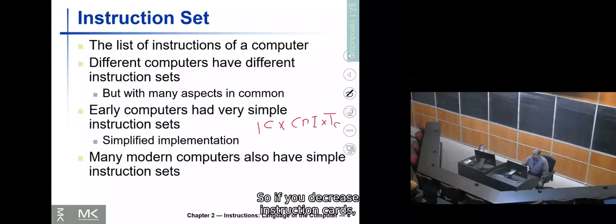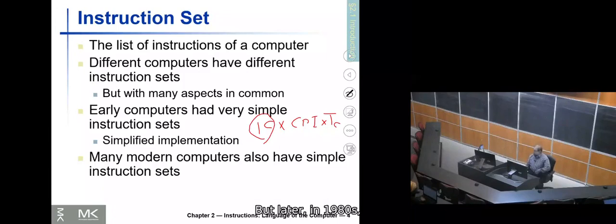So if you decrease instruction count, it means that you would get a better result, a better performance. So they tried to minimize instruction count. So they started making complex instructions, as you told. You were talking about complex instructions.